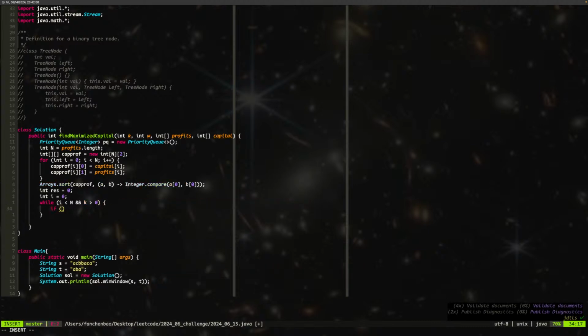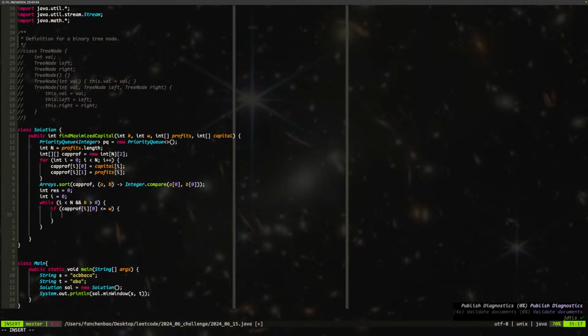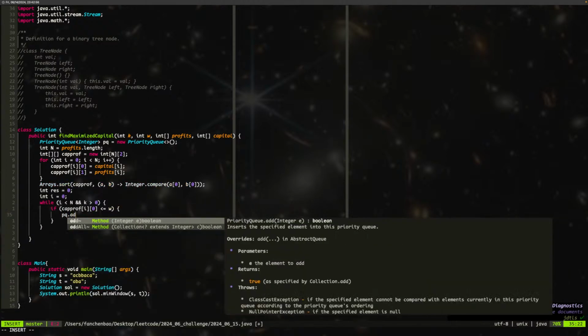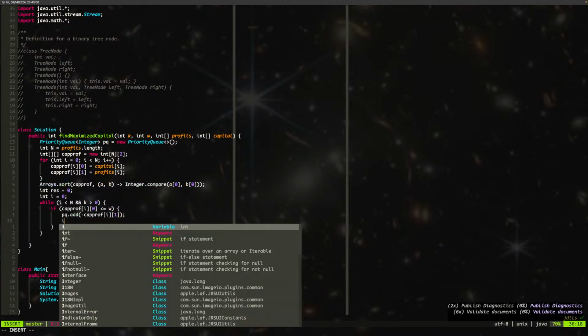If cap of i 0, the capital, is smaller or equal to w, then we say pq dot add minus cap of i 1, i plus plus.